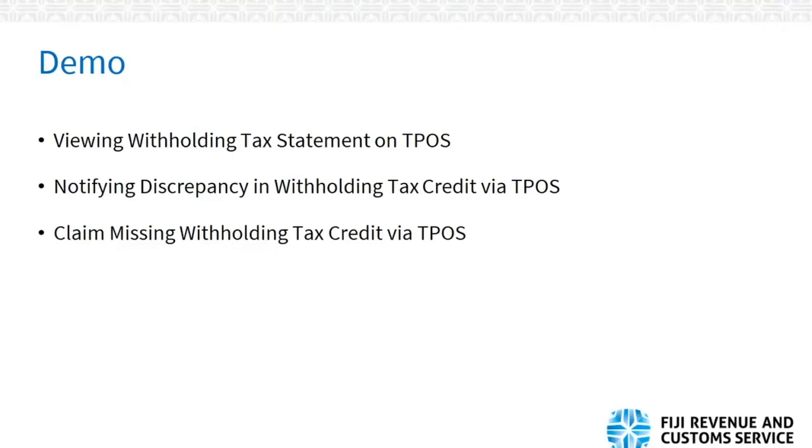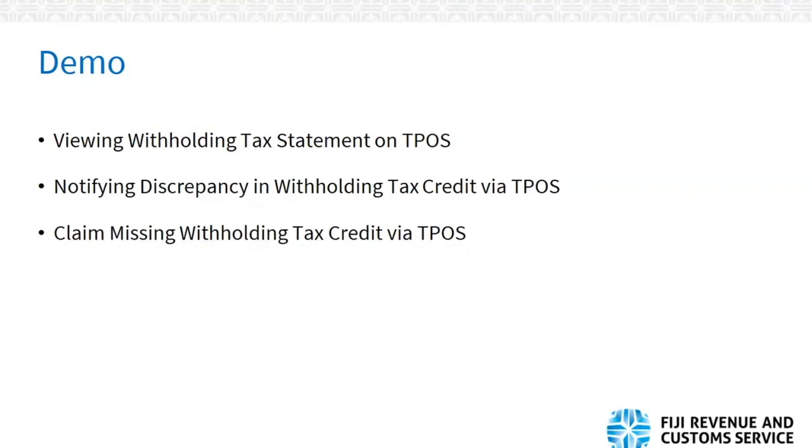So I know it was a long demo. We'll now look at some of the questions that came in, just going over whatever we have discussed. We have lodged a PAYE return. We have submitted a nil PAYE return and a payable PAYE return. Now we have just viewed a withholding tax statement.